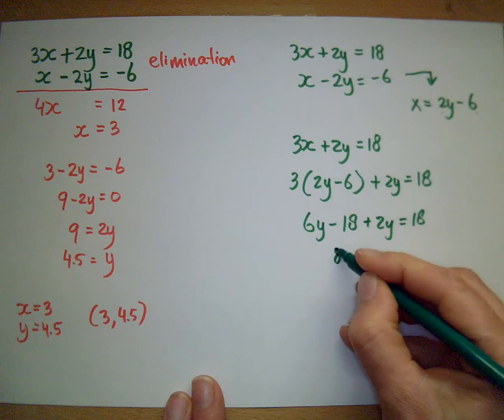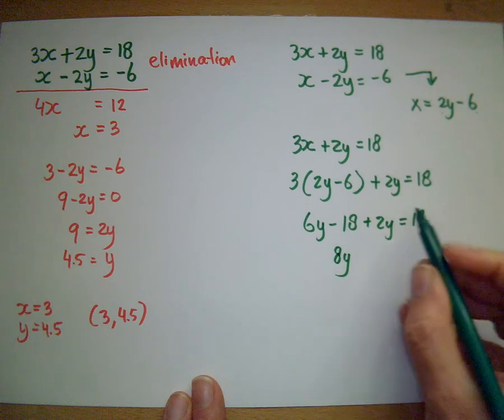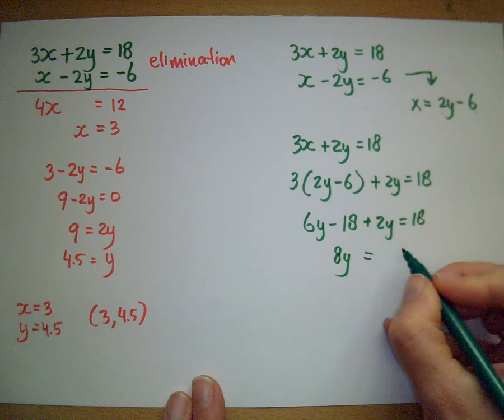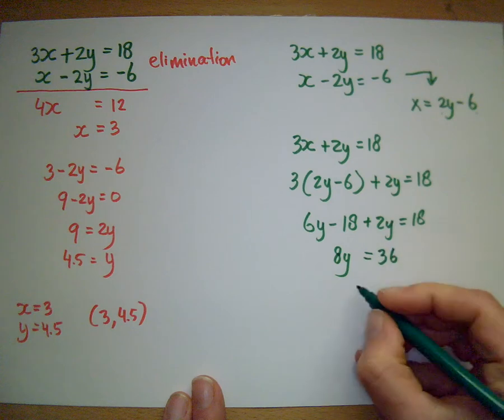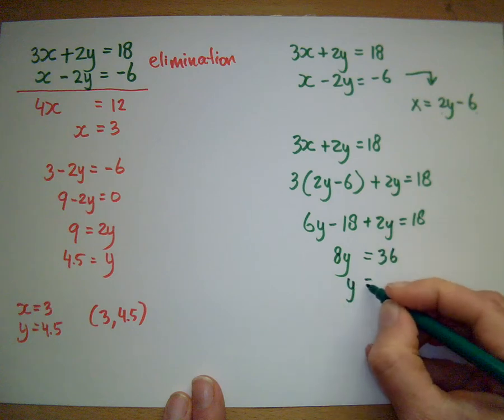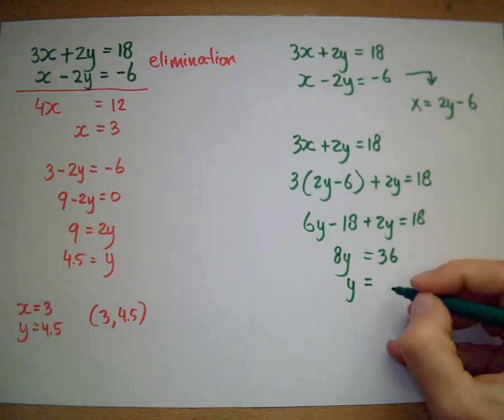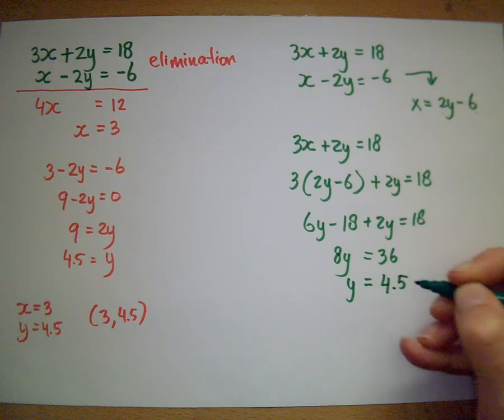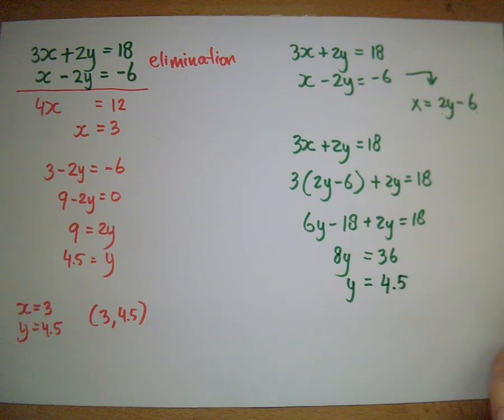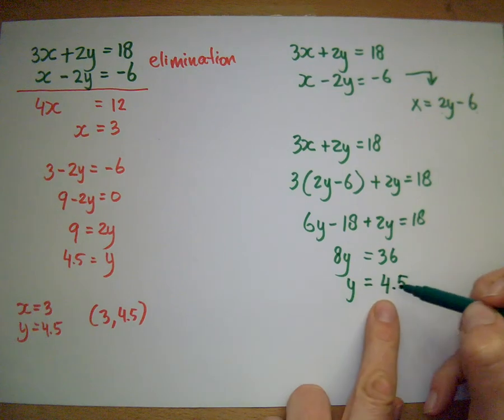Collect like terms, 8y. I move 18 over there. 18 plus 18 is 36. Y equals, really, we're doing half numbers again. Okay, 4.5, right? Yes. Y equals 4.5.